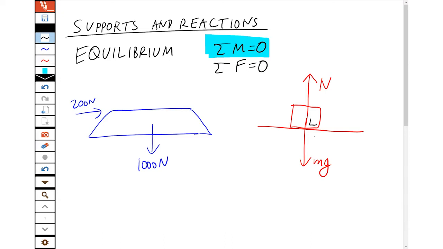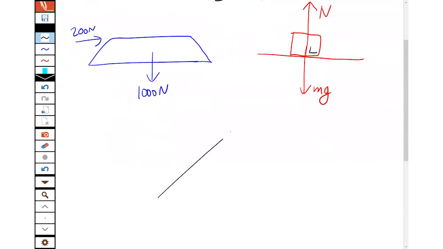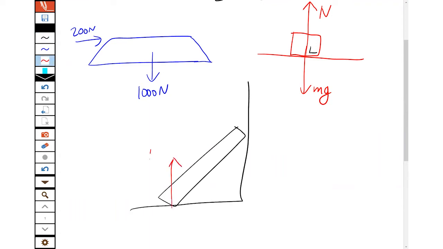It's called normal because it's perpendicular to the surface. So, for example, if you had a ladder leaning against a wall, you'd have a normal force up with the ground, and you'd have a normal force perpendicular to the wall because you're touching the wall there.